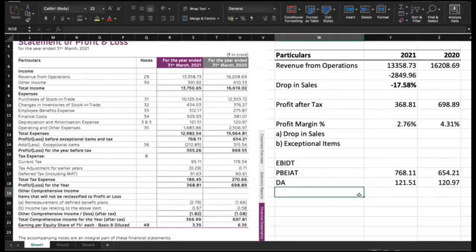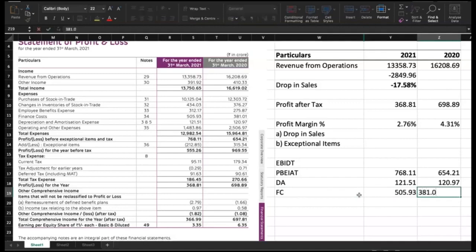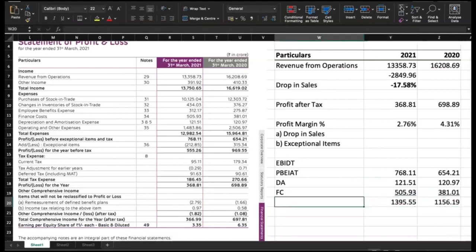Okay, and we should also add interest. We have it as finance cost here, which is 505.93, and 381.01. So if we add all this, we'll get our EBITDA, and this EBITDA can be compared with many things.